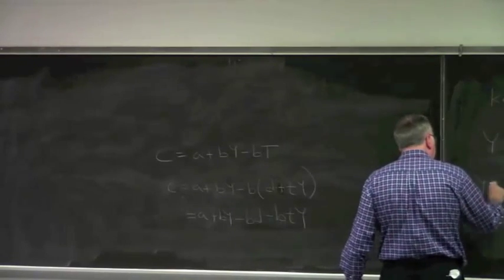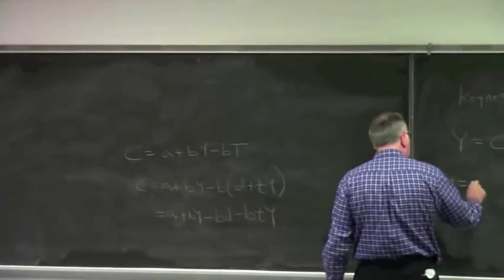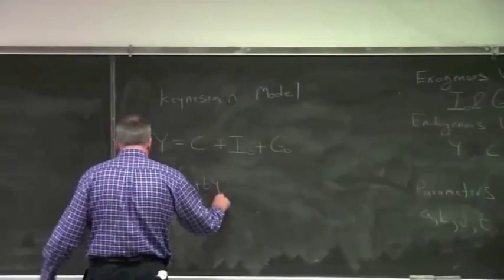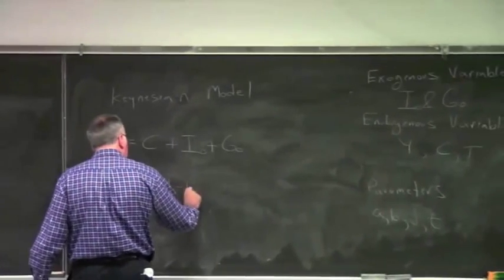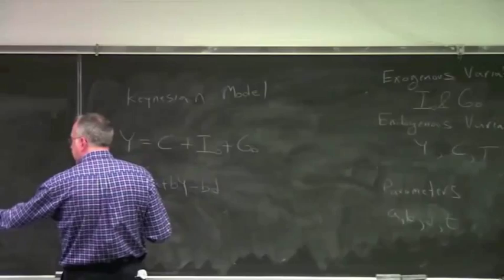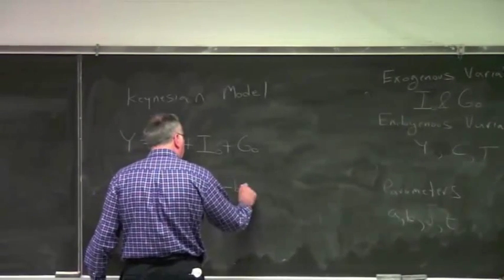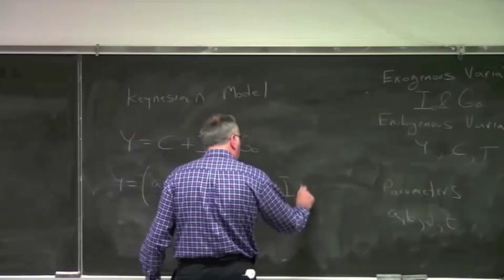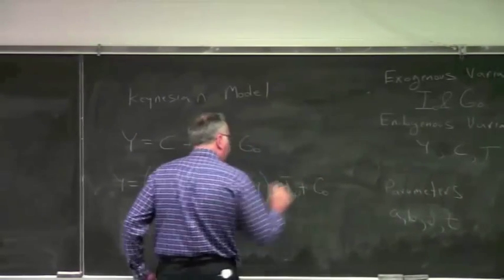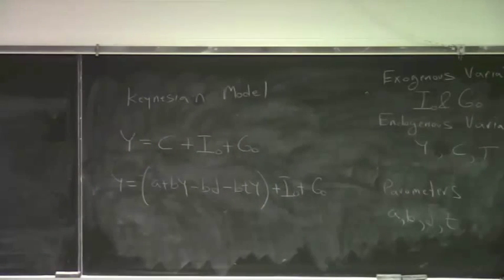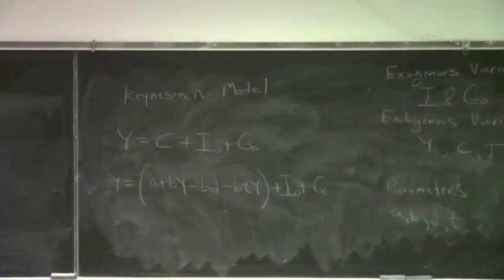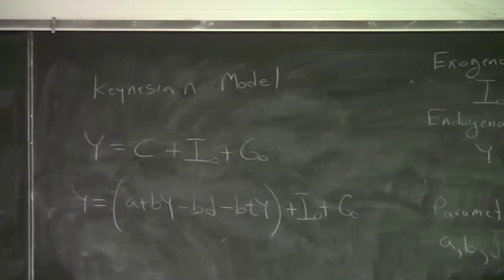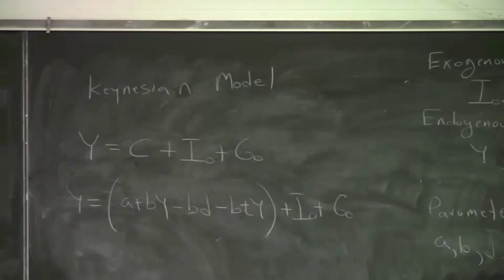So Y equals, now I'm going to substitute it for C, and let me put parentheses around this: A plus BY minus BD minus BTY, plus I plus G. Now we have one endogenous variable in one equation. So what do we do next in order to solve for Y?